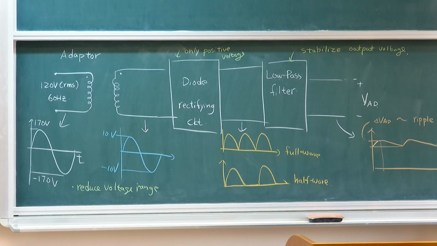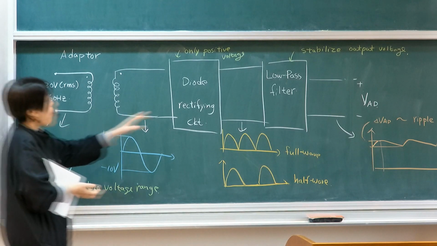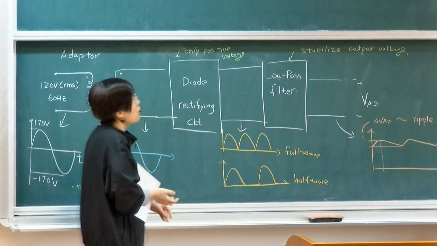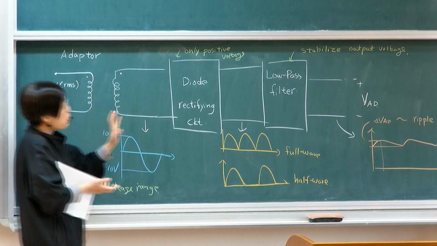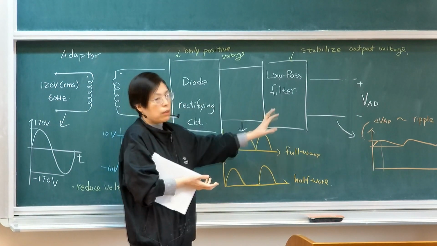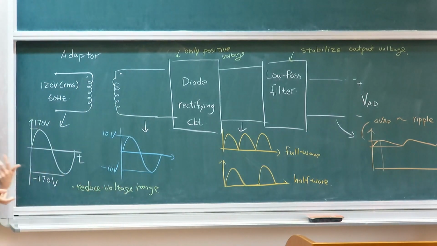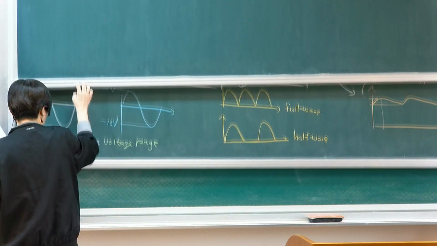We're not going to talk about the transformer, we're just going to talk about these two elements: a diode plus a low-pass filter. That's the core of a typical rectifying circuit, constructed by two key components: rectifying, and then stabilizing it after rectifying.